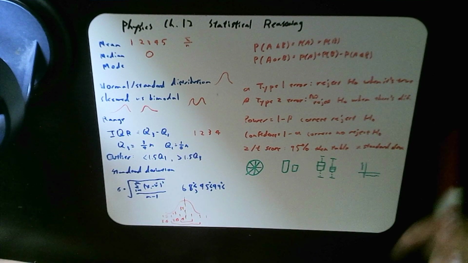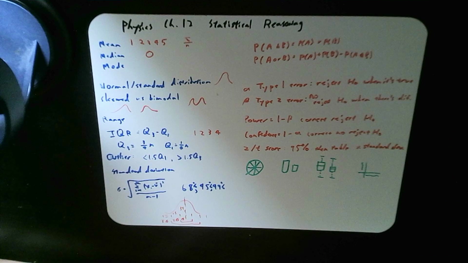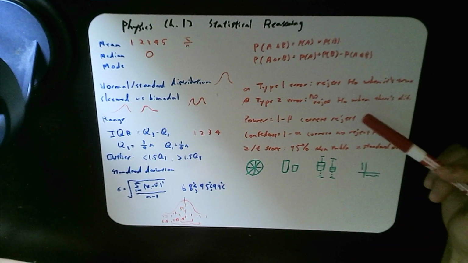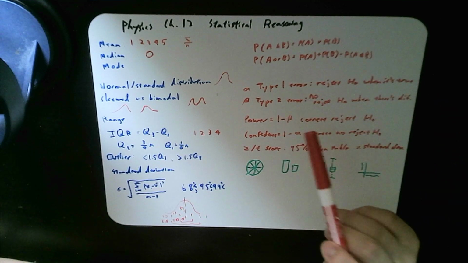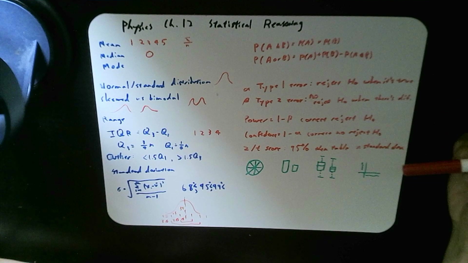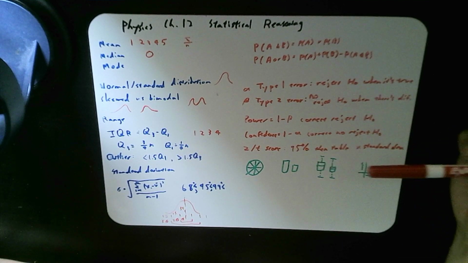My type 2 error is when they appear to be the same, however the vitamin B actually does increase growth significantly. Power is basically the ability to correctly reject the null hypothesis, and that's 1 minus the type 2 error. Confidence interval is 1 minus alpha.